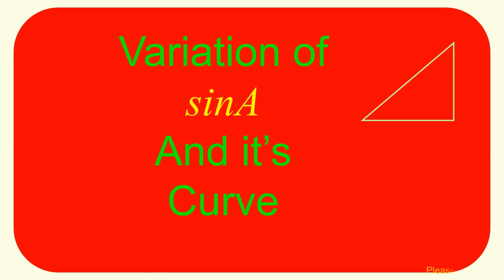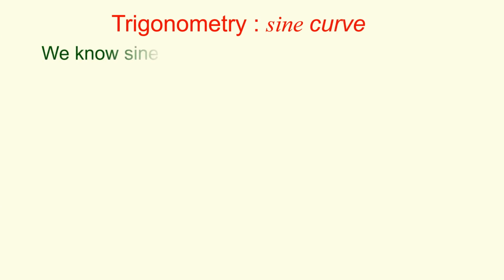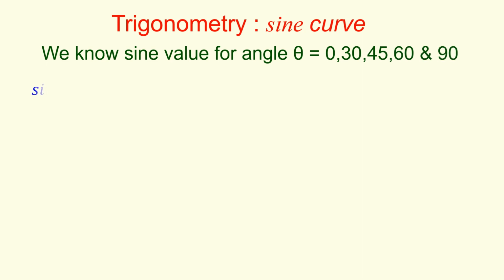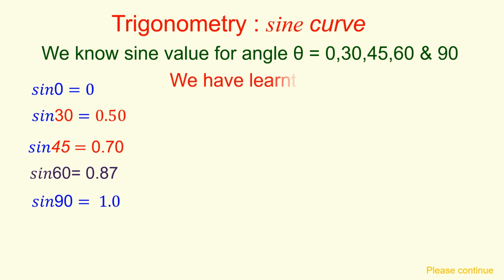Variation of sine A and its curve. We know sine value for angle theta equals 0, 30, 45, 60 and 90.